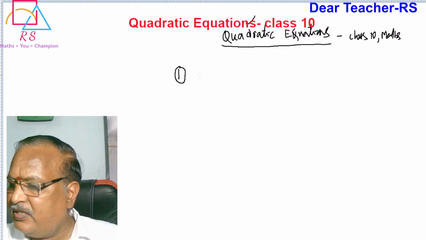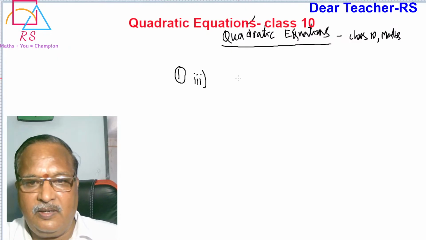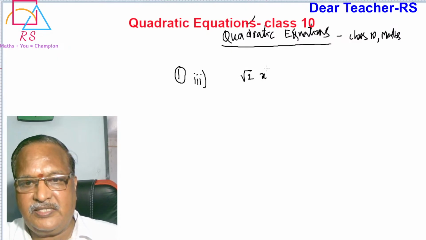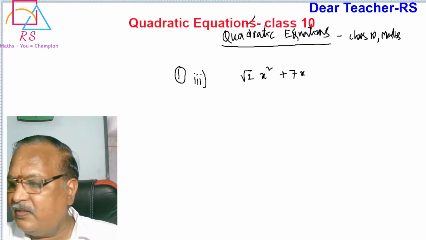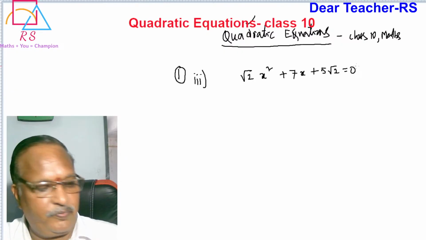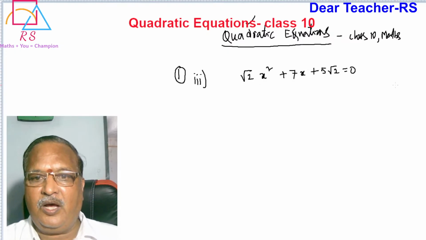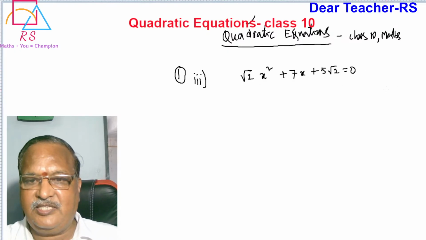First question, and third bit. I think this would be difficult for so many people. Root 2x square plus 7x plus 5 root 2. So now I will explain you how to do the factorization with this problem.